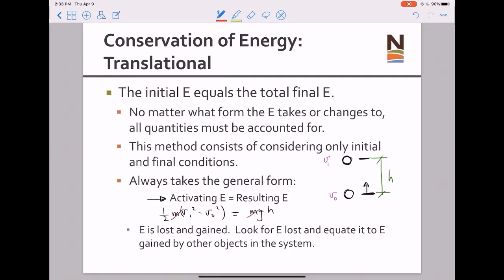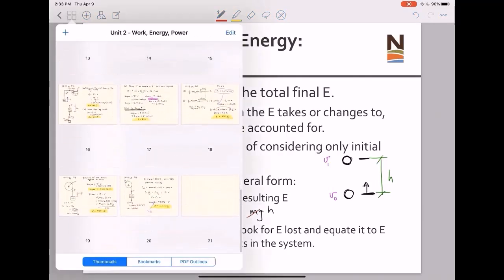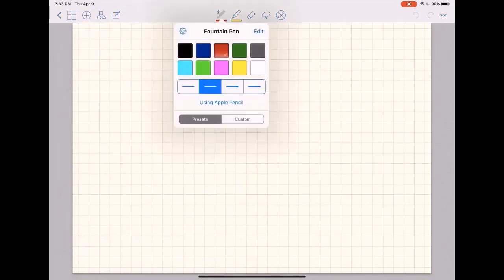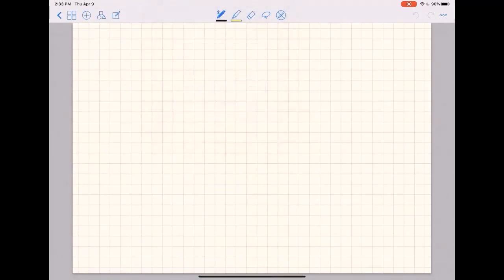So what I'm going to do is start a new slide here, and we're going to look at question 1437. Okay, so 1437 at the end of the chapter. So that is on page 506.